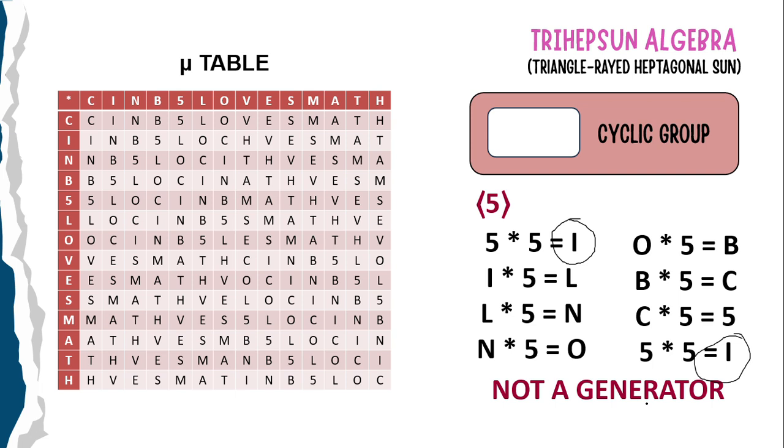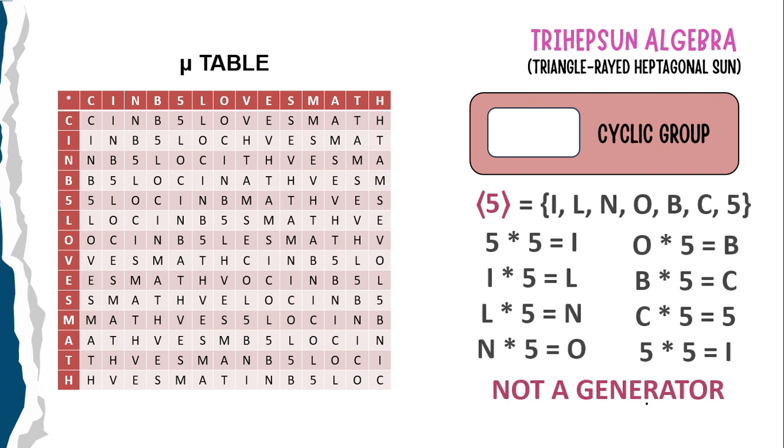So this is not a generator since element 5 does not generate all the elements on the group table. So 5 generates I, L, N, O, B, C, and 5.